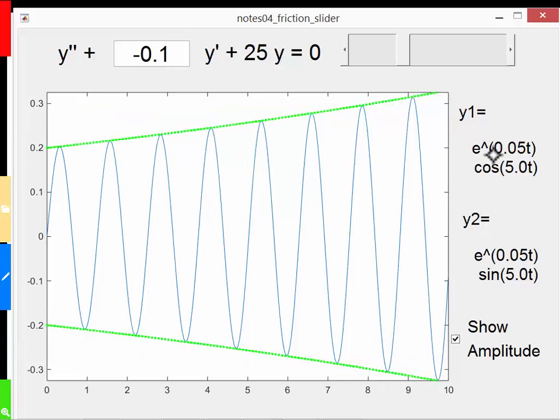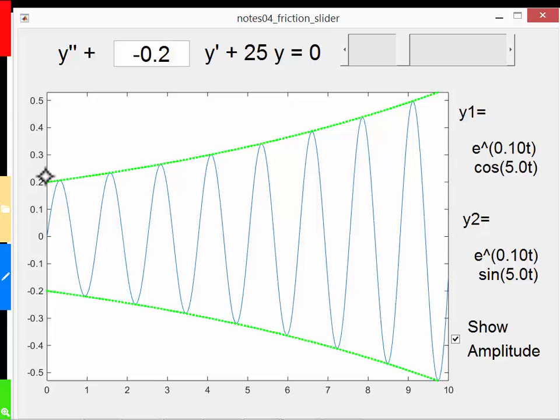Well, the same thing we saw before, but in reverse. Before we had negative exponentials, so we had decaying amplitudes. Now we would have exponentially growing amplitudes. And the more non-realistic but bigger coefficient we put in here, the faster this curve's going to grow.